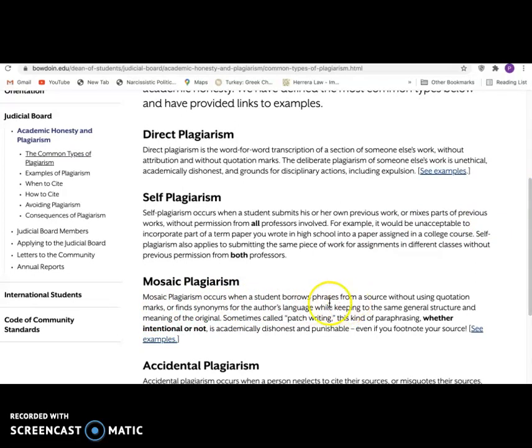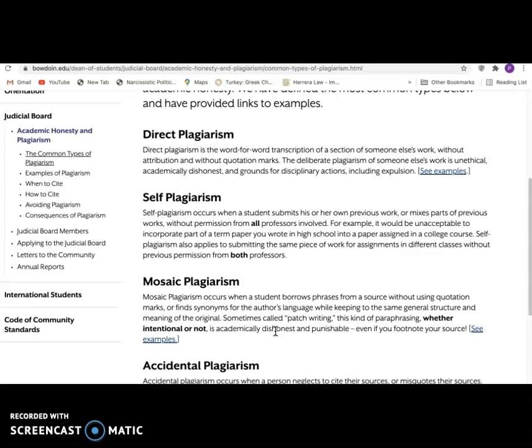When you borrow phrases, you're not using quotation marks, and perhaps you try to tweak it a little bit by finding a synonym for a word here or there, but the general structure and idea are the same. That is still plagiarism. They also introduced this term patch writing. But the important point here is whether intentional or not, it's still academically dishonest. And so you have to be very careful.